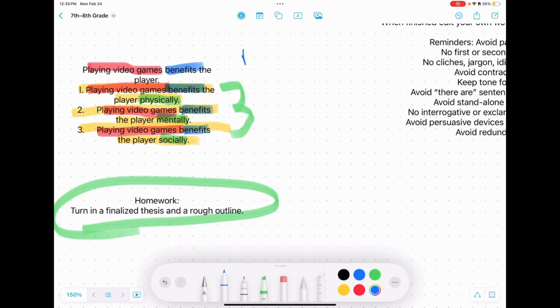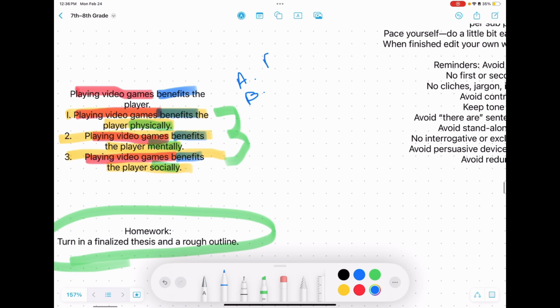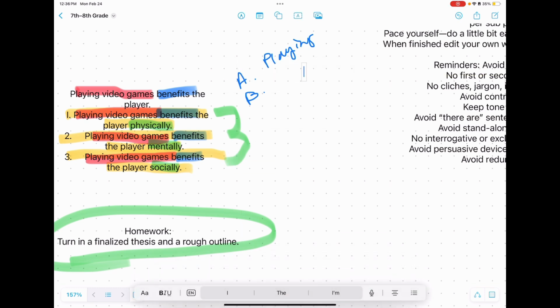And so here I'm going to make up my A and B for 1, and I'm going to say it benefits playing video games. Probably should type this. Maybe I can do it like this. Okay. Next to my A, shrink it down.